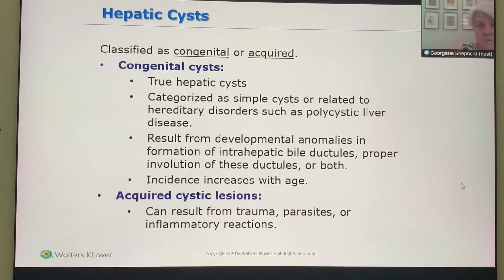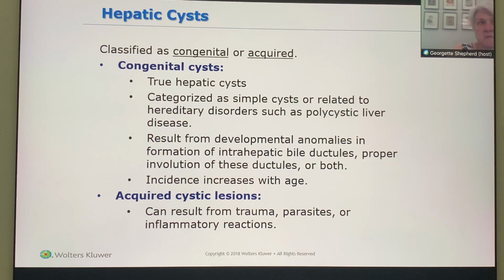Hepatic cysts are either congenital or acquired. Polycystic liver disease, or it could be caused from, I can't remember the name, Caroli's disease, that has to do with the ducts inside the liver.